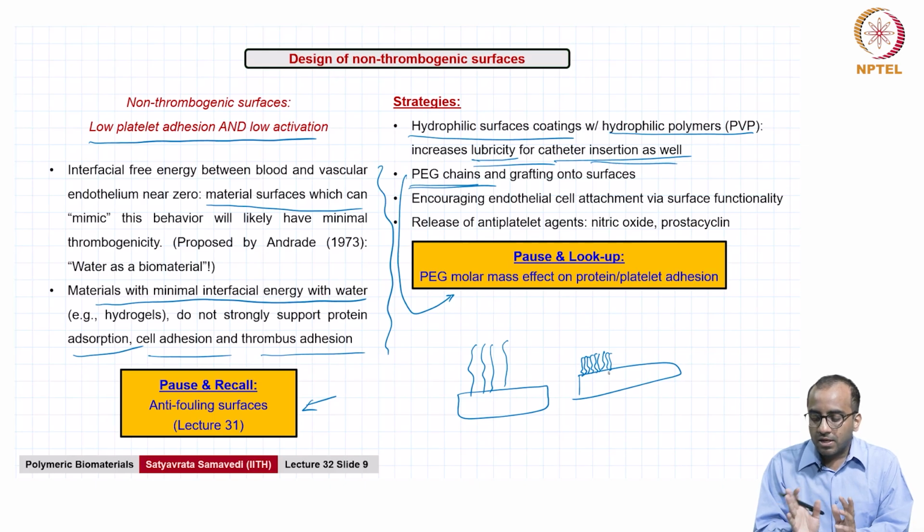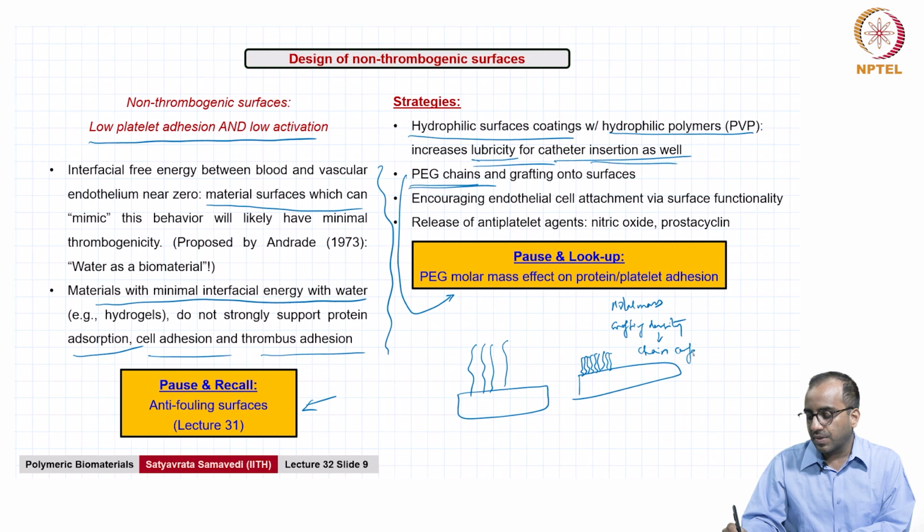So, there are two aspects that we are looking at here. One is the role of molar mass, the other is the role of grafting density and its relation to chain conformation on the surface.